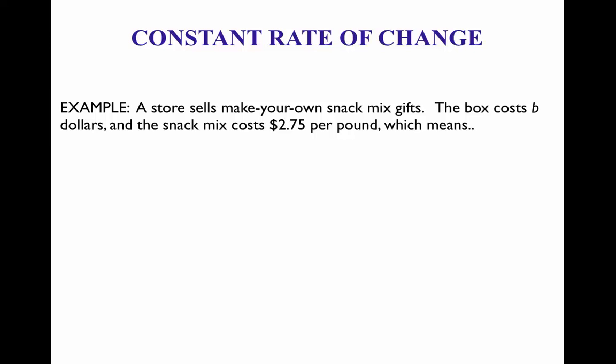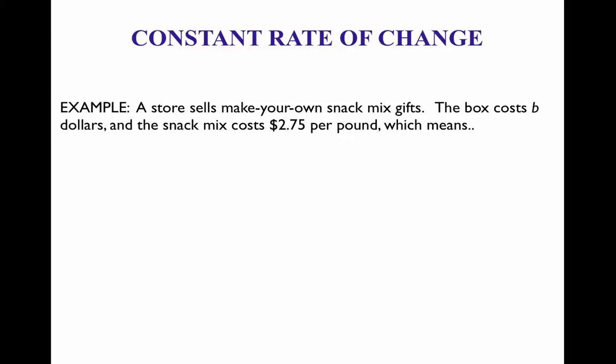Yes, sir. It's like $2.75 per snack mix. So it's $2.75 for each pound. Minus the cost of the box. I saw you next. Go ahead. For any change in pounds, the change in cost for snack mix is 2.75 times the change in pounds.